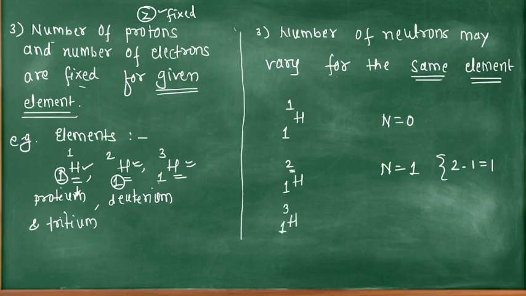Next 1H3, the number of neutrons is 3 minus 1, equal to 2. So in both cases, H is the given element, so the atomic number is fixed, but the mass number can vary. Mass number is different.